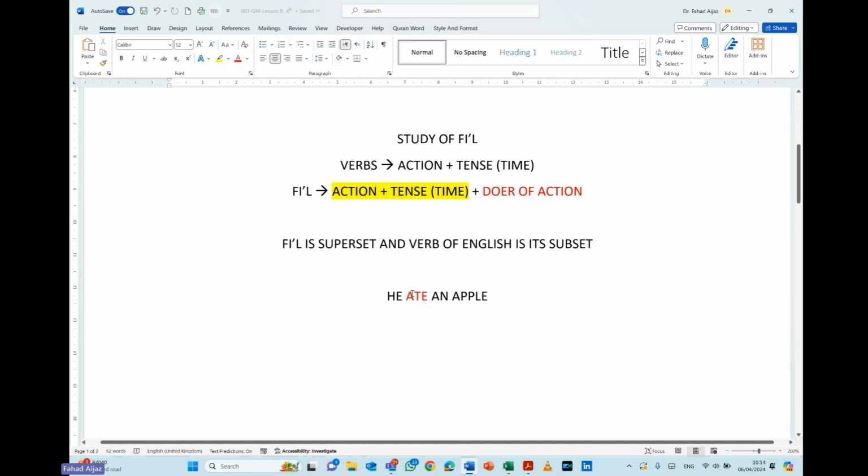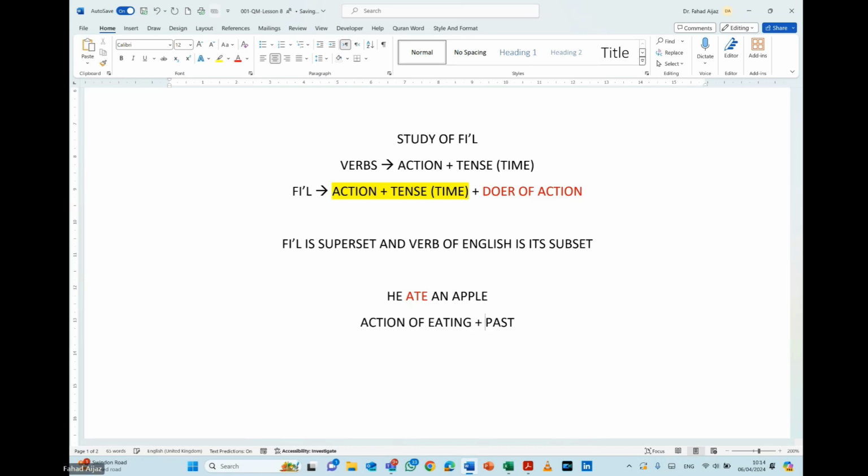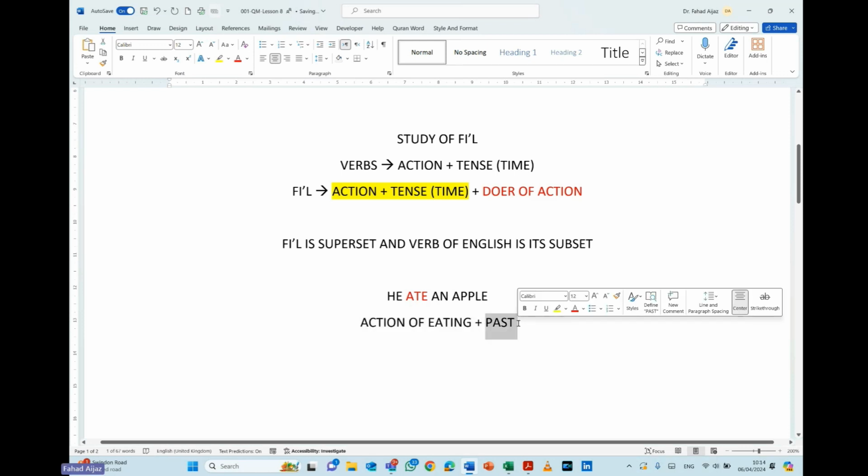In "ate", you're talking about the past, which is the tense, and you're talking about the action of eating. So you have the action of eating and the tense, which is past. That's what the English verb is.